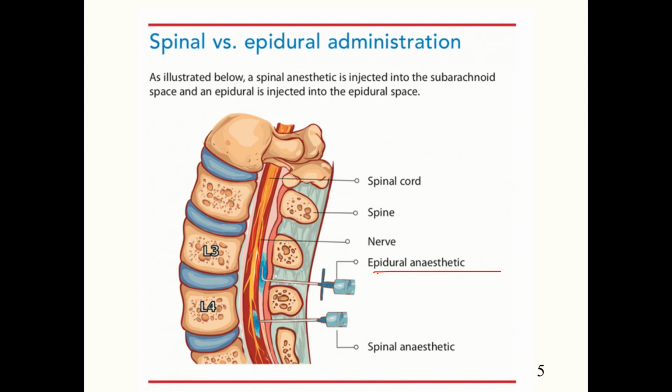It's going to stay above the dura. It is not going to penetrate the meningeal layers, and that spinal cord is, you know, hopefully pretty safe. However, if somebody gets a spinal, that is actually going to go past the meningeal layers and get that medication right there at that spinal cord. That's obviously a lot more dangerous.